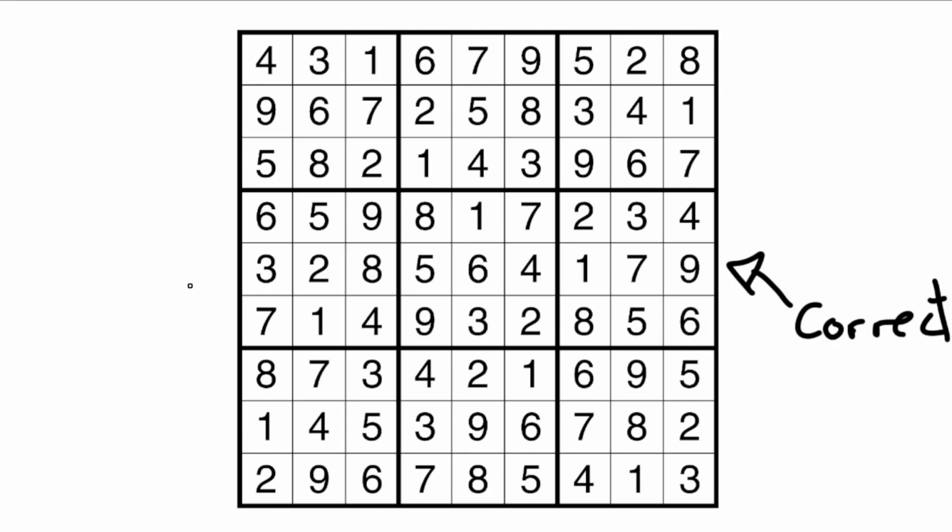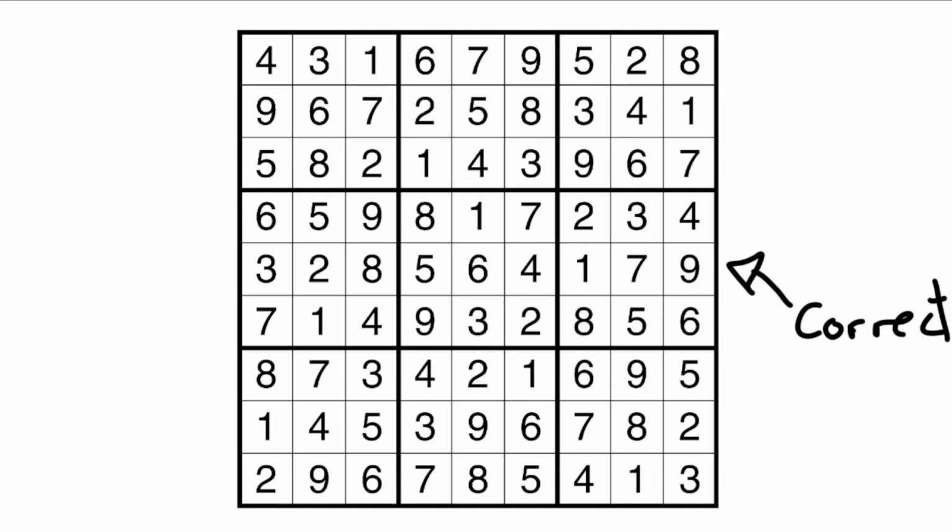This is an NP problem because you didn't know at first that it was the solution, and you had to verify it, which is why it's NP. It's hard to find the solution, but easy to verify.